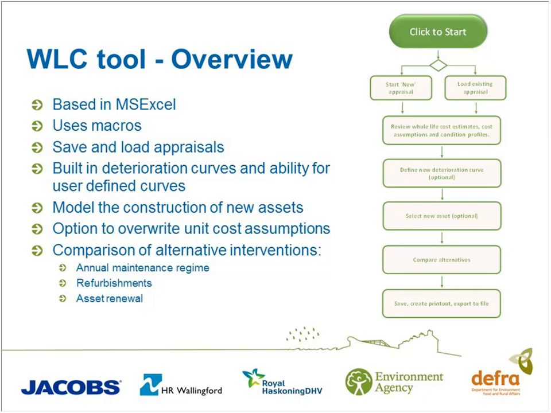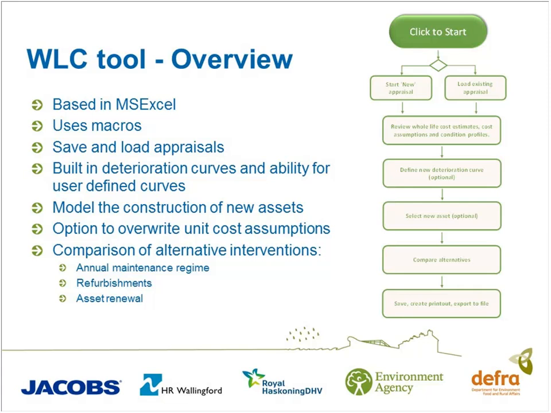On the right of the slide here, I'm just showing the process that you're encouraged to work through as you use the tool. So you can start a new appraisal or load an existing one. We then review the whole life cost profiles and costs associated and condition profiles associated with different annual maintenance regimes. We can then think about defining a new deterioration curve if we need to do that.